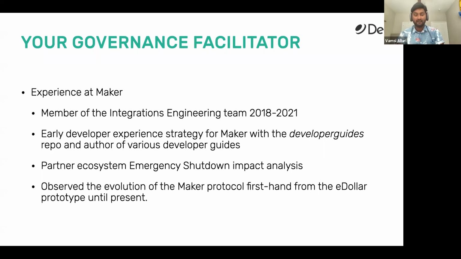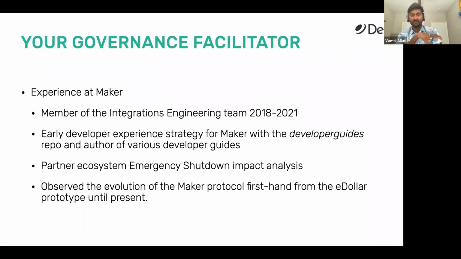One interesting work item that I'm proud of is the emergency shutdown impact analysis. It's a guide that I'd encourage anyone who's interested in integrating with Maker, mostly at the smart contract level, but also any integration, to quickly take a look, to not only understand emergency shutdown, but also make sure how your users can be kept safe if emergency shutdown ever gets triggered in the Maker protocol.